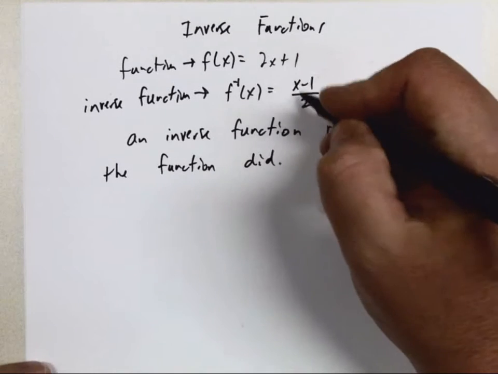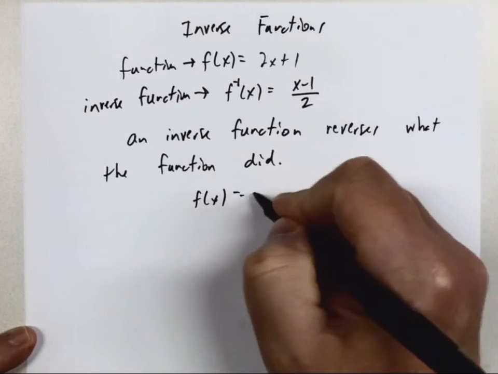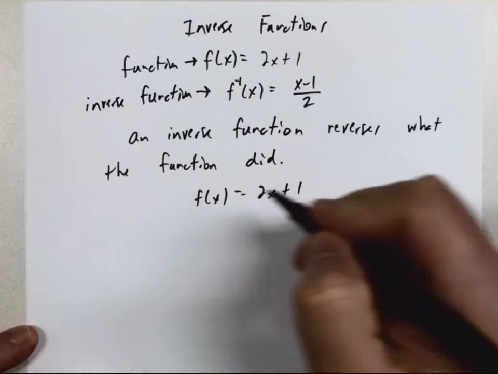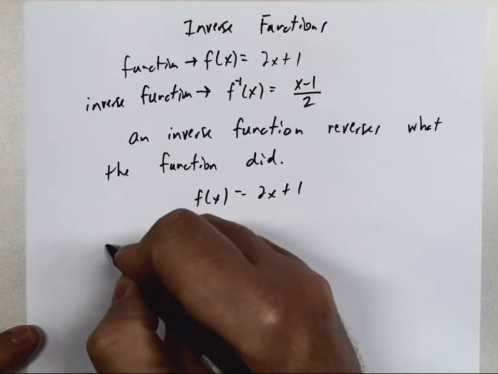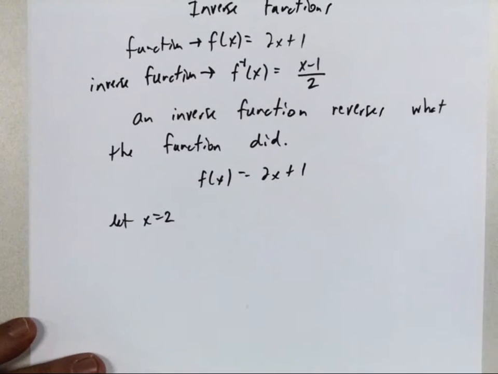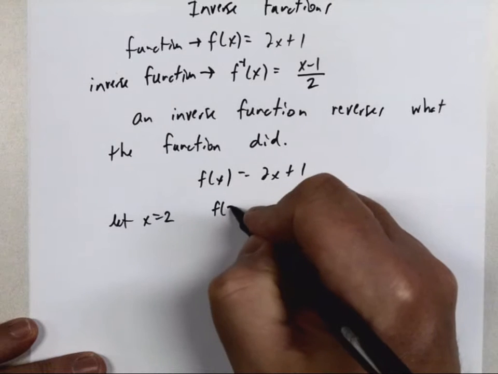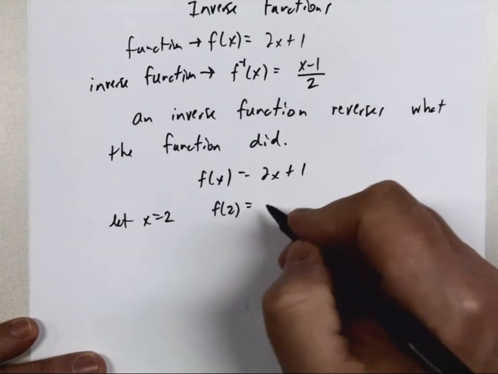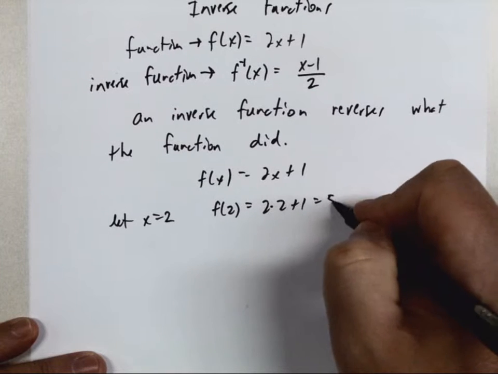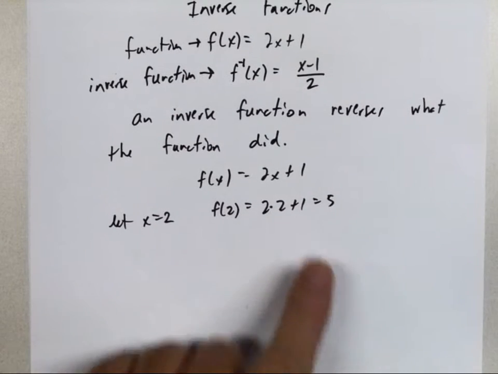I'll just show you quickly here. Say we're given this function and we calculate the function when x is 2. So f of 2: when x equals 2, the function is 5.